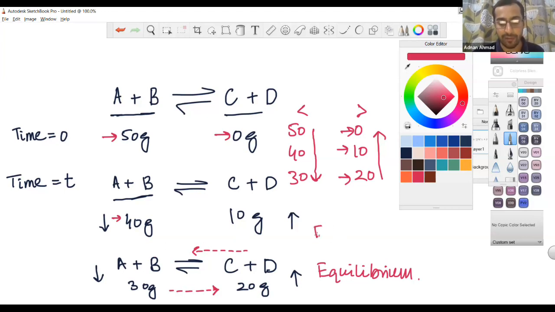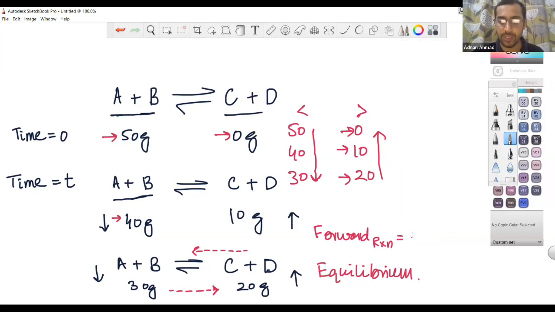So we can write here forward reaction equals reverse reaction, right? So this is the condition where our equilibrium is achieved. So this was the explanation for achieving chemical equilibrium.